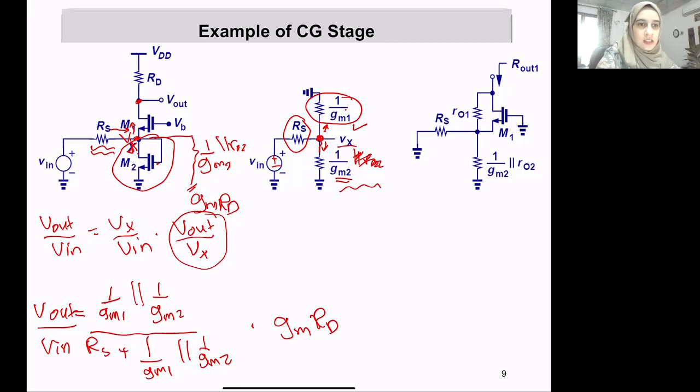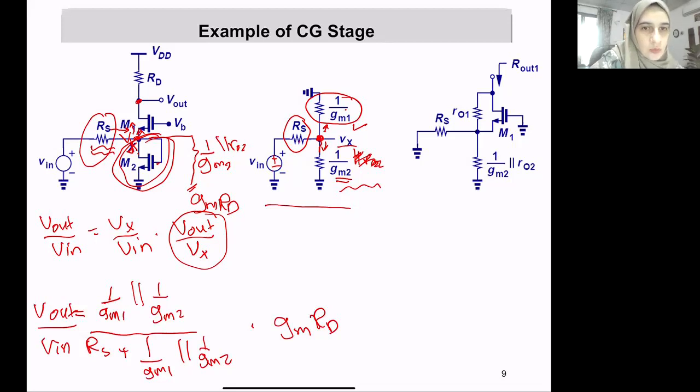But again, since there is a source impedance here and there is this resistor, not all of Vn arrives at Vx. Therefore, we need to do it in two steps. First, find how much portion of Vn arrives at Vx, or at the source of the amplifier. That's basically what we did in this step. We first have Vn with the Rs, and we look at the input impedance of the amplifier side, M1.